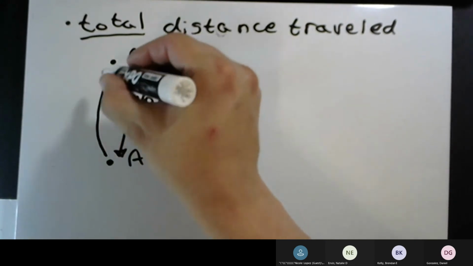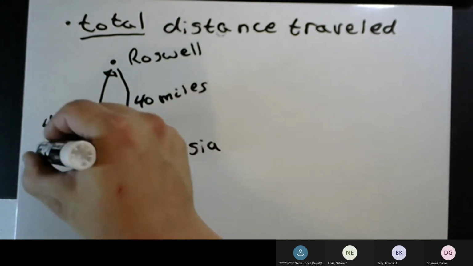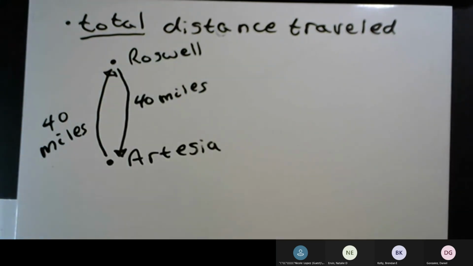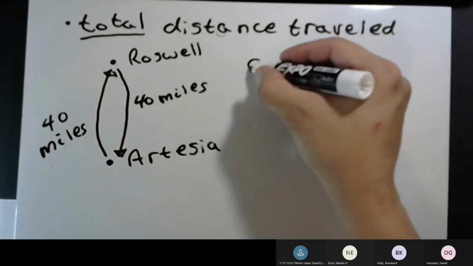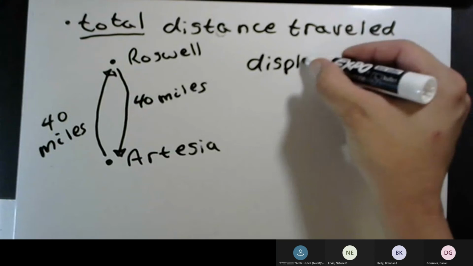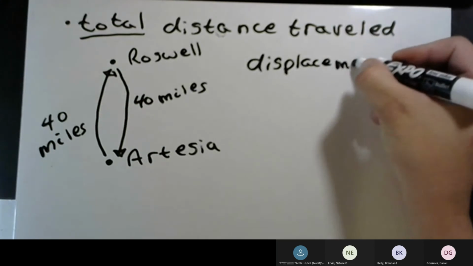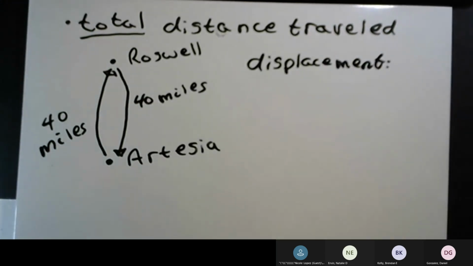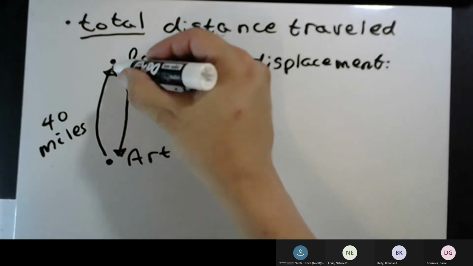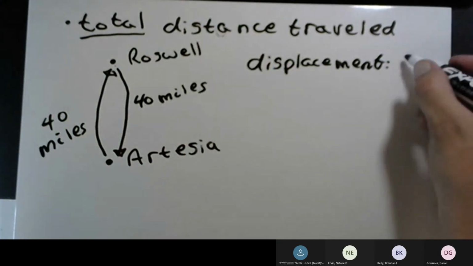And then you're going to drive back up, again 40 miles. So at the end of your trip, what's your displacement? Well, you stopped where you started. You just did a big circle. So you're back to where you started.